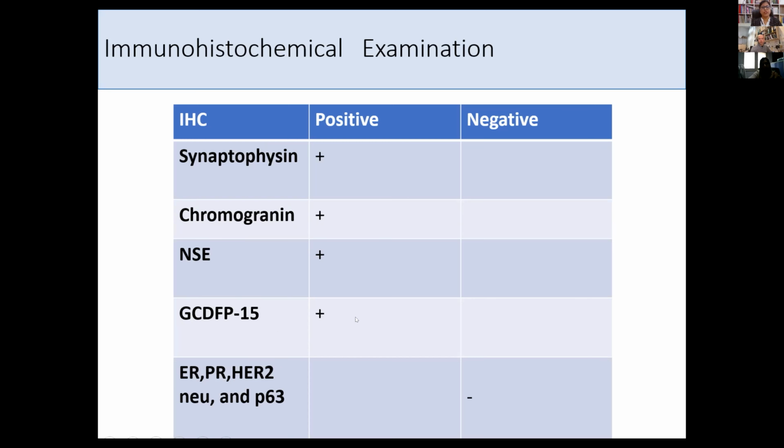GCDFP is applied as a marker for breast tissue, because the full form of GCDFP is gross cystic disease fluid protein 15.